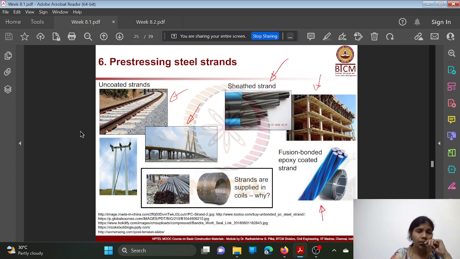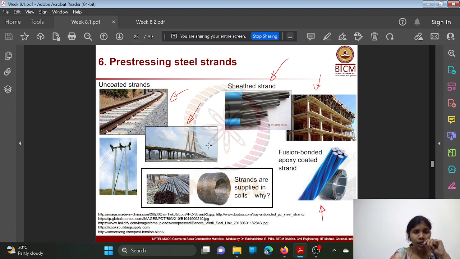Like on the railway tracks, these are the sleepers. You can see the concrete sleepers here, and inside these concrete sleepers you can embed these 3 wire strands. Okay, so this is the application of 3 wire strands, and this is how a steel strand looks.